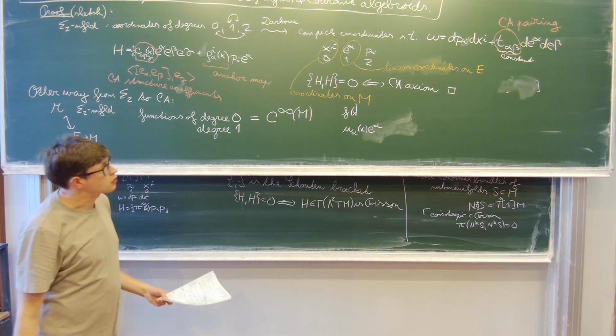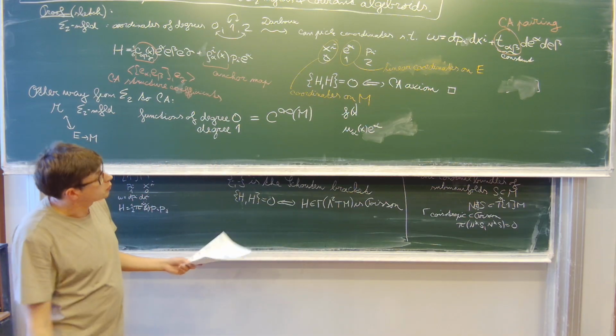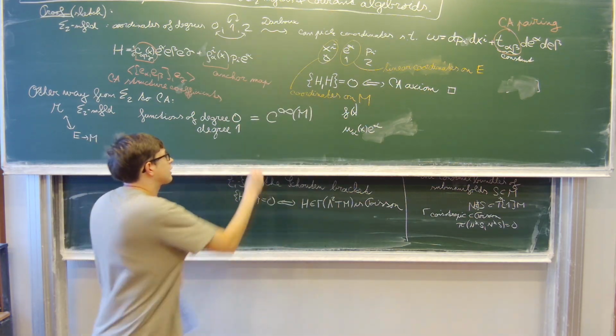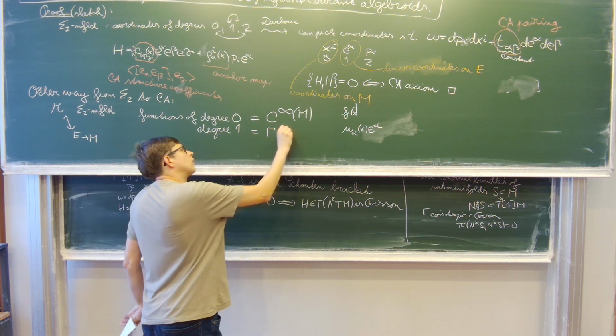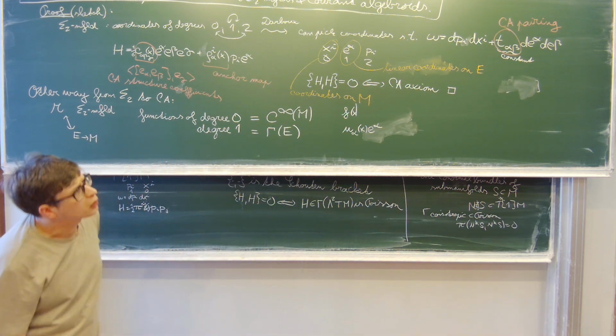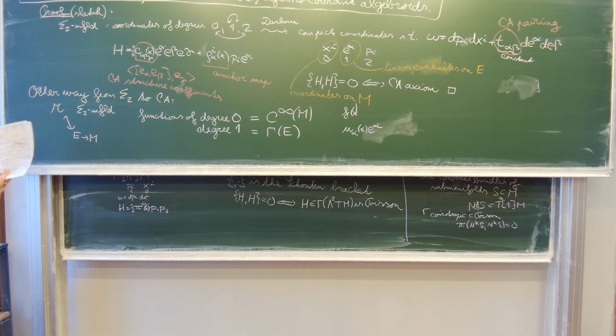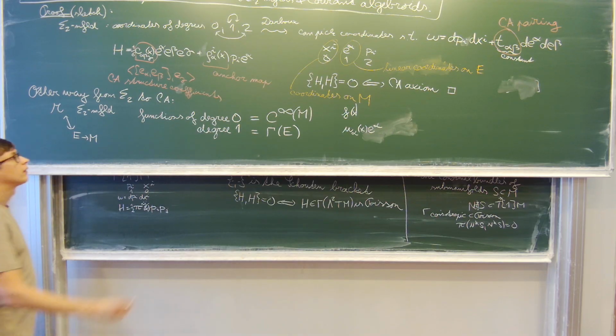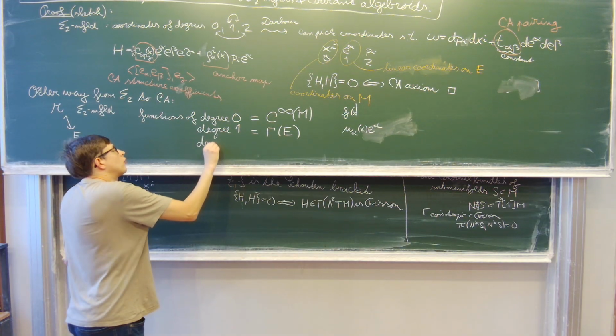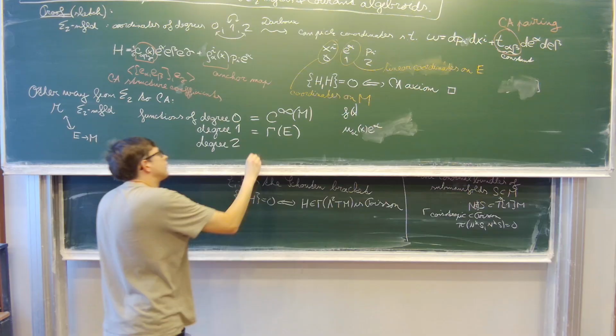They should be sections of the dual of E in principle, but E has a pairing, so it's sections of E. So sections of the Courant algebroid you can see as functions of degree 1 on your sigma 2 manifold.